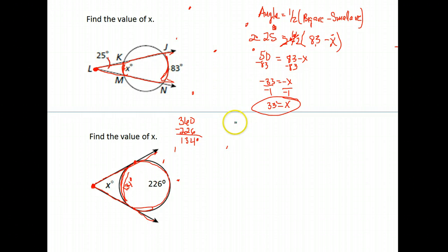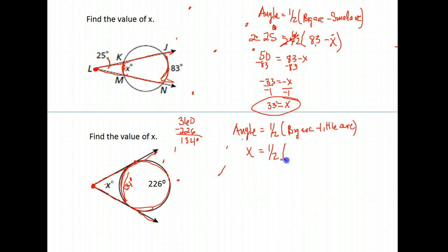Now I can figure out my problem. Its vertex is outside of the circle, so that means the angle is going to be half of the big arc minus the little arc. Put your information in. So what's my angle? My angle in this case is x, equals 1/2 of what's the bigger arc?